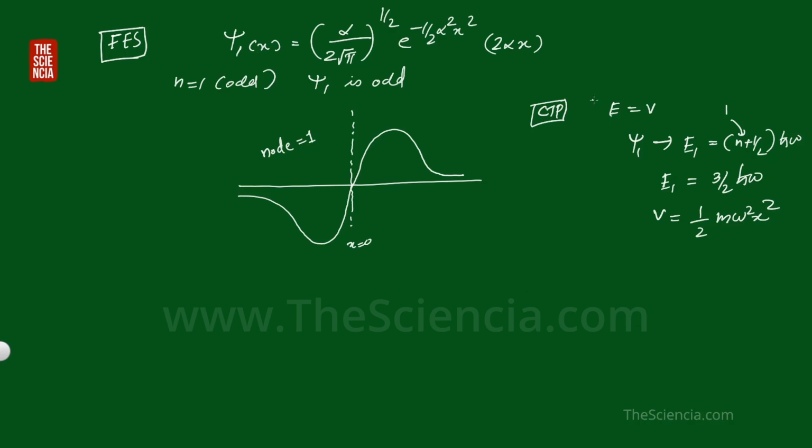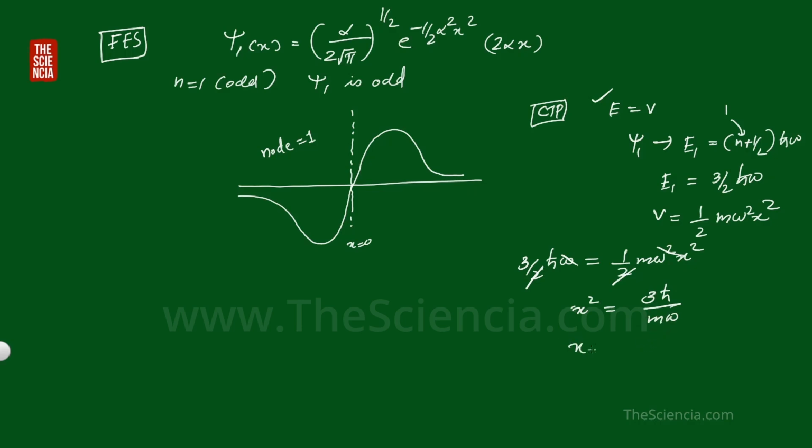That is, we can substitute these values in this expression. That is, 3 by 2 h cross omega is equal to half m omega square x square. So we can cancel one of these omega, and 1 by 2. The remaining is x square is equal to 3 h cross by m omega.